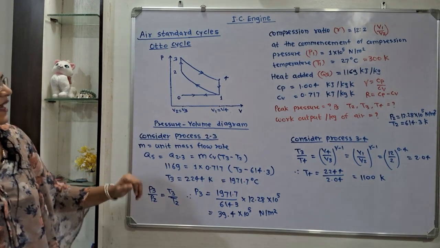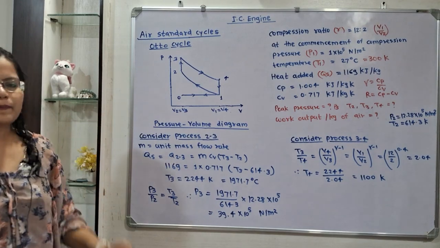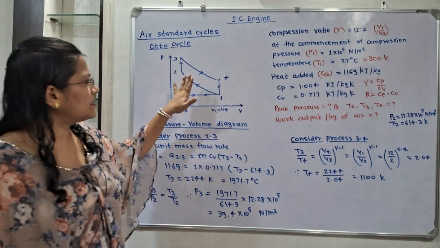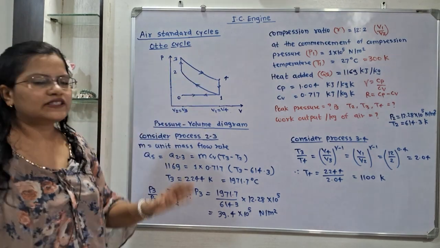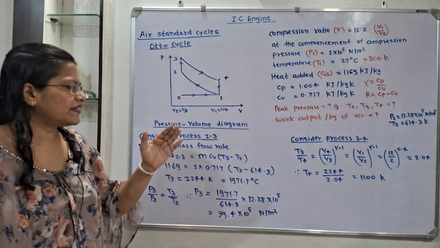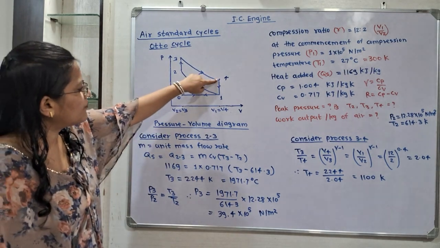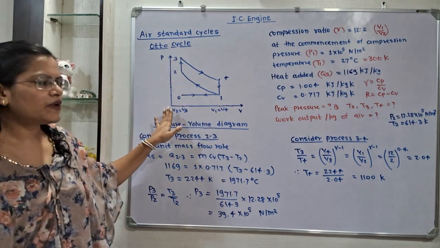Now we will move to the next process 3 to 4. We have to calculate the temperature T4. Again there is a relation between temperature and volume. T3 by T4 is equal to (V4 by V3) raised to gamma minus 1. But from the diagram we know that V4 is equal to V1 and V3 is equal to V2. So we will put the value.